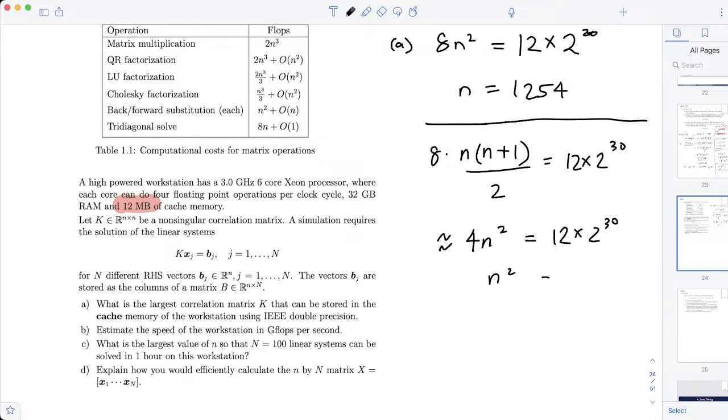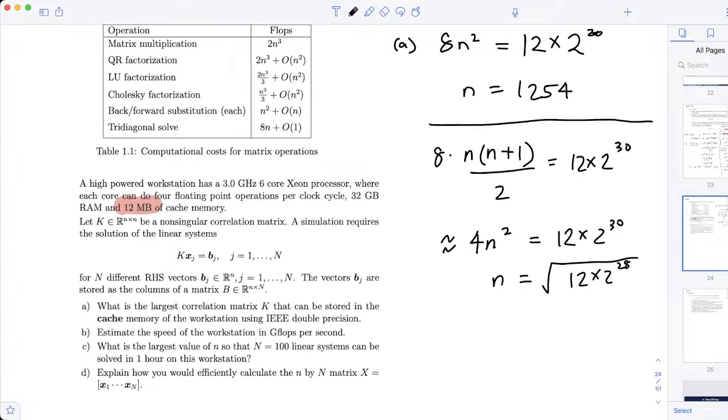Give me a second, let me calculate that. n will be just the square root of this number. I'm sorry, I haven't put this into my calculator. But then you take the nearest whole number, rounding down. Not that it really matters because we've already approximated it so much. And that would be our n instead.